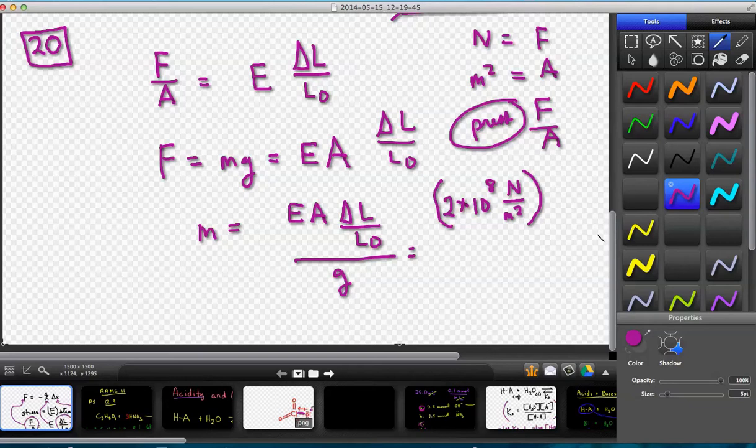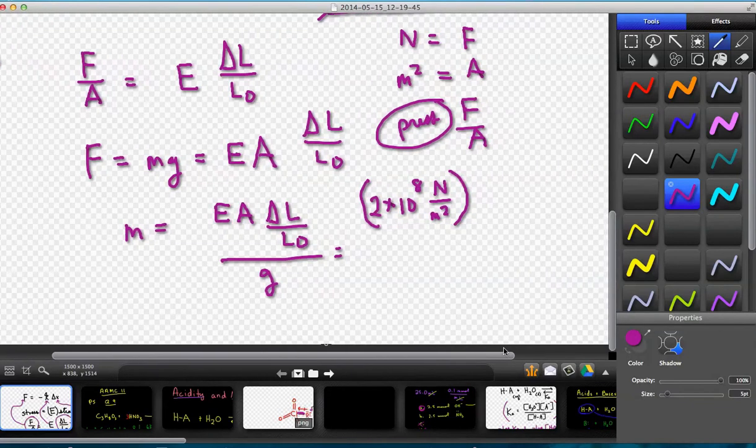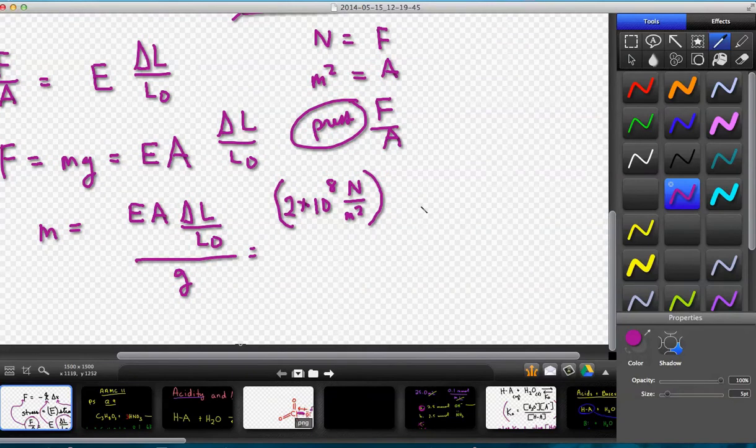Okay, now it gives us the area in terms of square centimeters. When we convert that to square meters, that's 5 times 10 to the minus 4 square meters. And we need that so these cancel. And finally, the delta L over L naught is 1%.